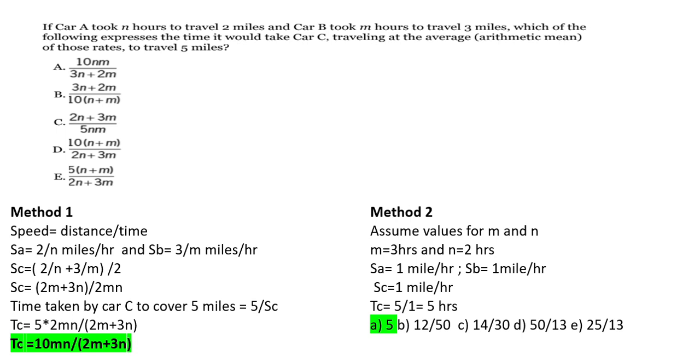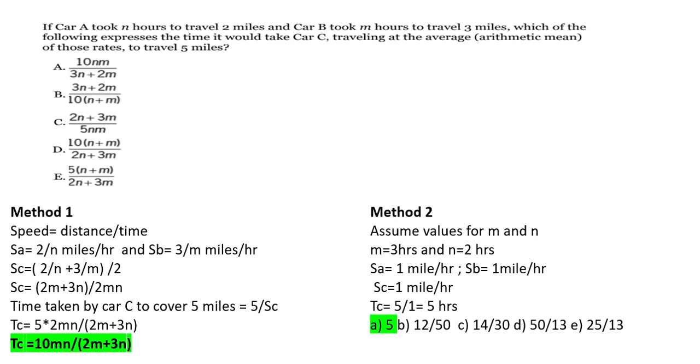We know that m and n are different values, and we also know that we have to identify the speed of car A and speed of car B, because speed of car C is obviously the average. So speed is distance by time. Since car A takes 2 miles, I'm taking it that it takes 2 hours to cover 2 miles, and car B takes 3 hours to cover 3 miles.